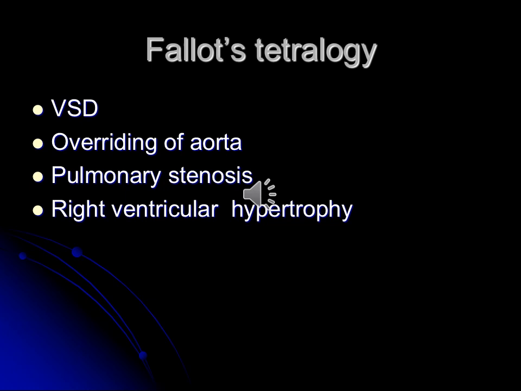Because of this gap, the aorta will be encroaching onto the right side, thereby compressing the pulmonary trunk. This phenomenon, where the aorta is transgressing its limits, trespassing rather, is called overriding of aorta, and this is possible only if there is a gap in the interventricular septum.